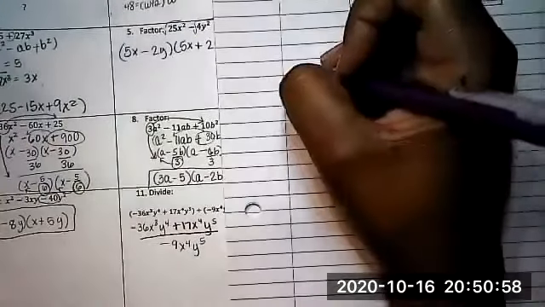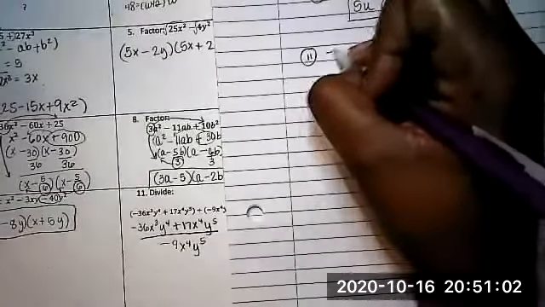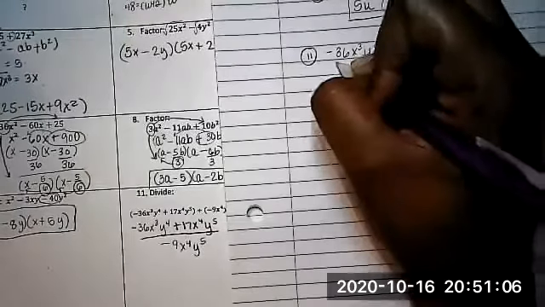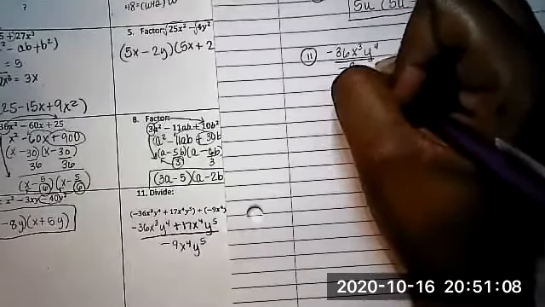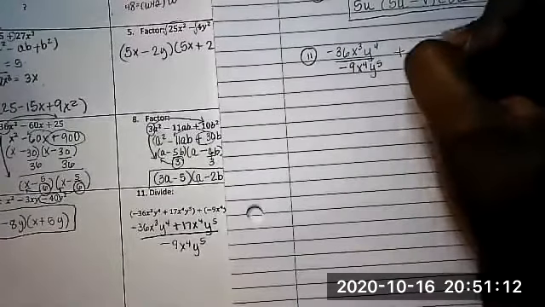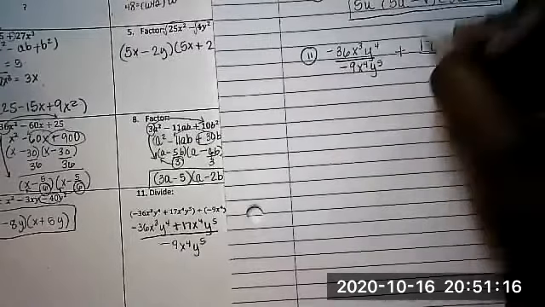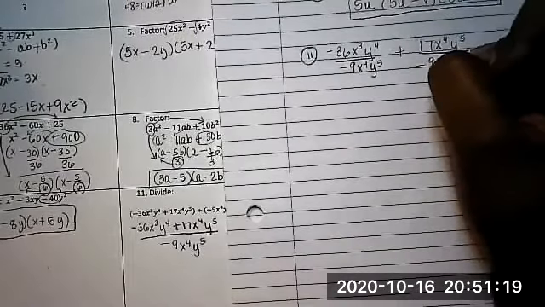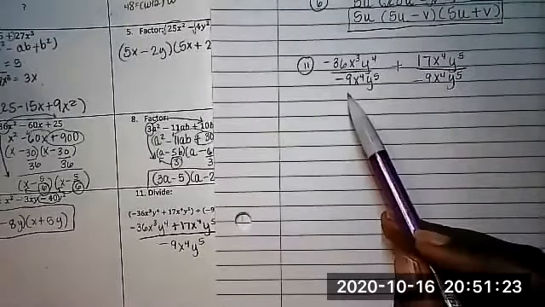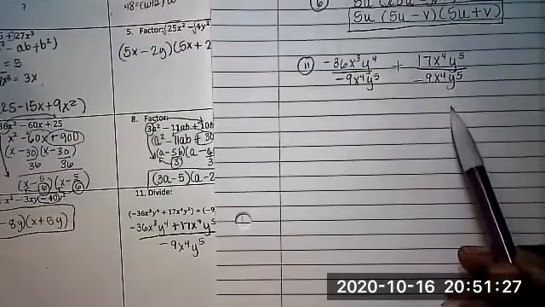Let's write this here. So this is for number 11. I would say negative 36 x cubed y to the 4th over negative 9 x to the 4th y to the 5th plus 17 x to the 4th y to the 5th over negative 9 x to the 4th y to the 5th. So everything got, see, this one got one and this one got one. So I split them up into them both.